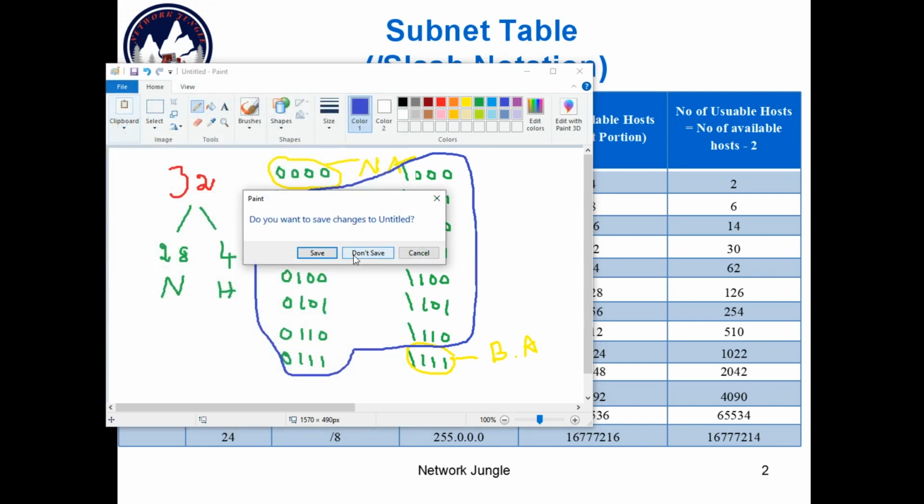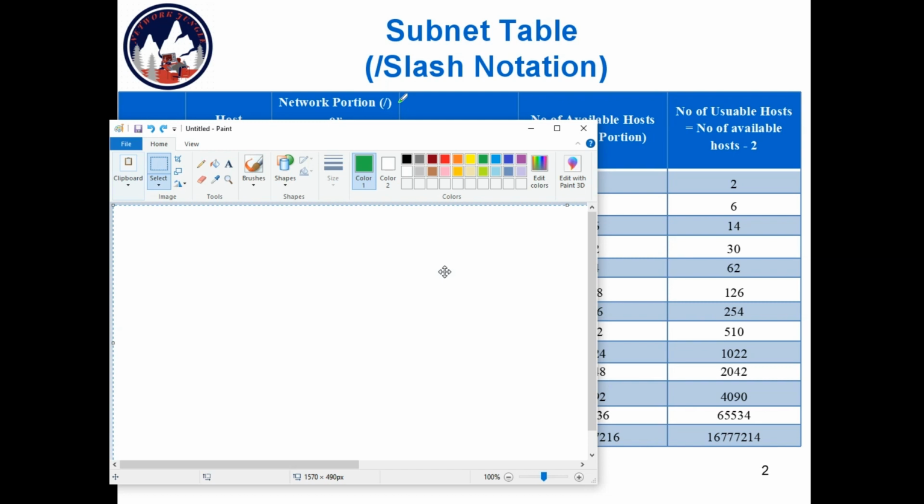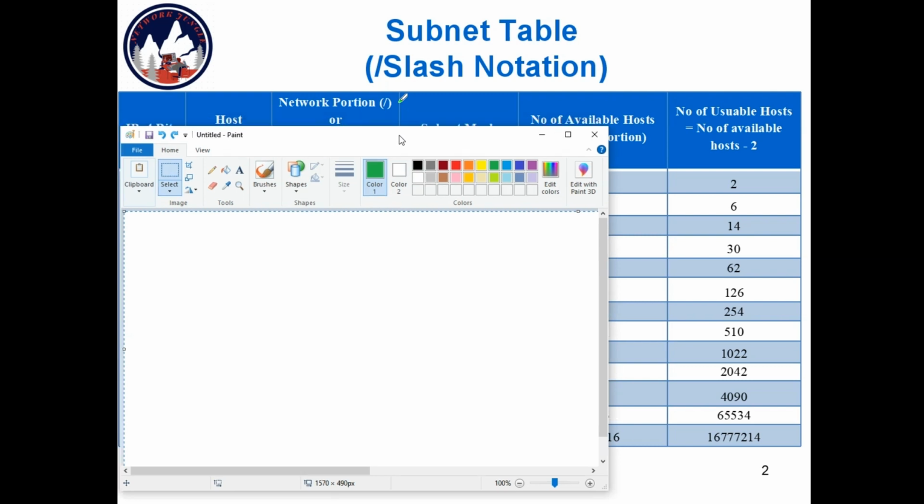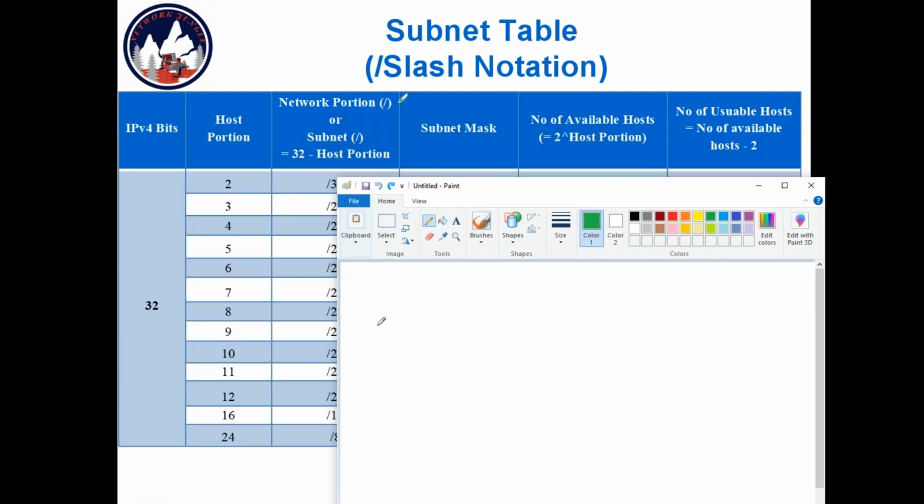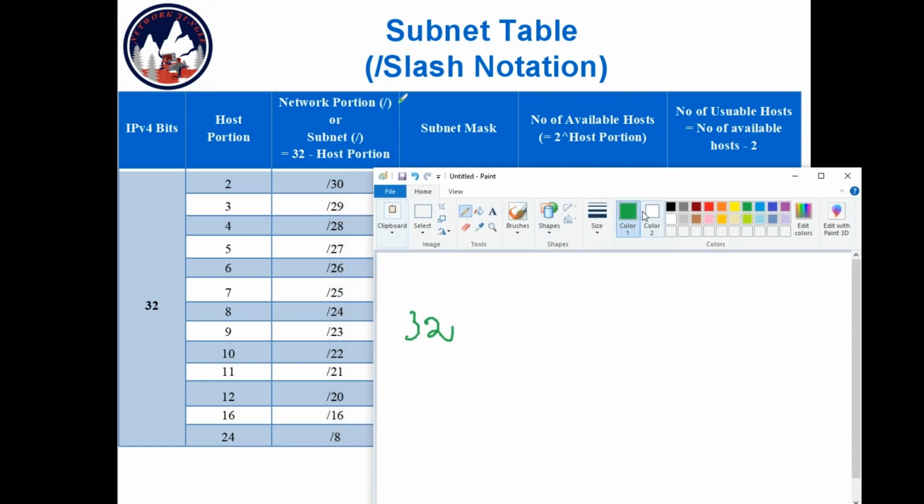I hope you got the clarification about how many bits are in the network portion and host portion, and the valid IP addresses, using the subnet value, that is, the slash notation. Now we go to the fastest way. For example, slash 24. 24 bits are used for the network portion. 32 minus 24 is 8, which belongs to the host portion.